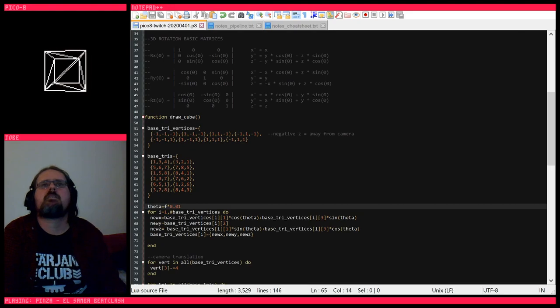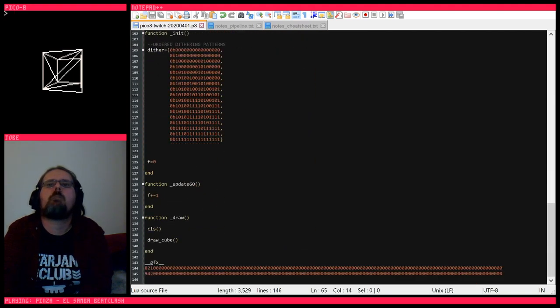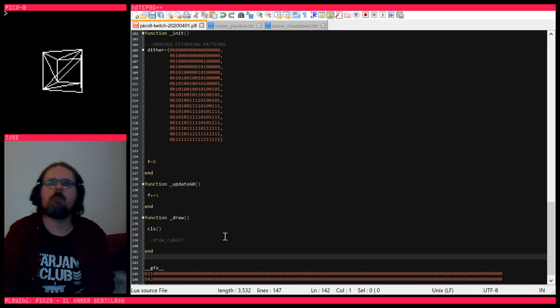So next, let's try to fill our triangles, and this is where it's going to get a bit more complicated. Let's forget our cube for a while and just focus on doing a filled triangle.